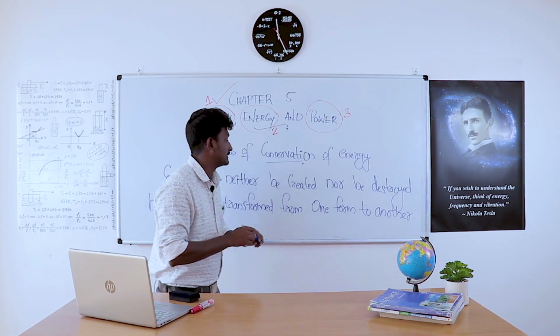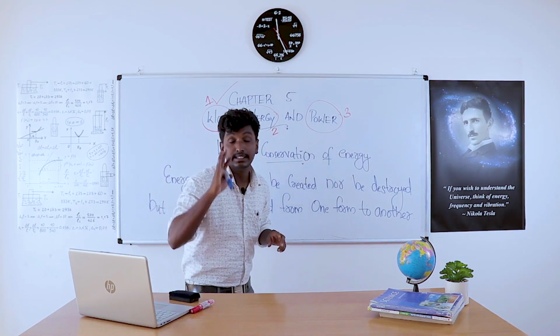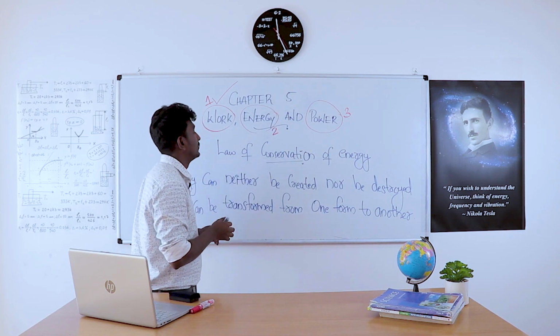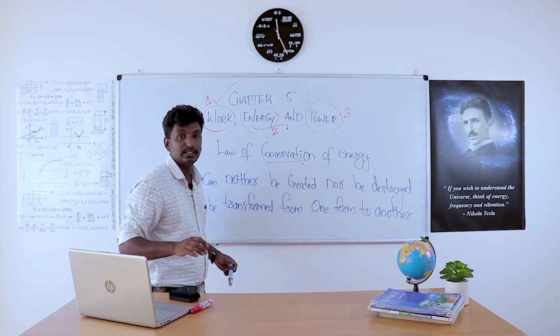This is the law of conservation of energy. Energy can neither be created nor be destroyed, but it can be transformed from one form to another. This is the law of conservation of energy.